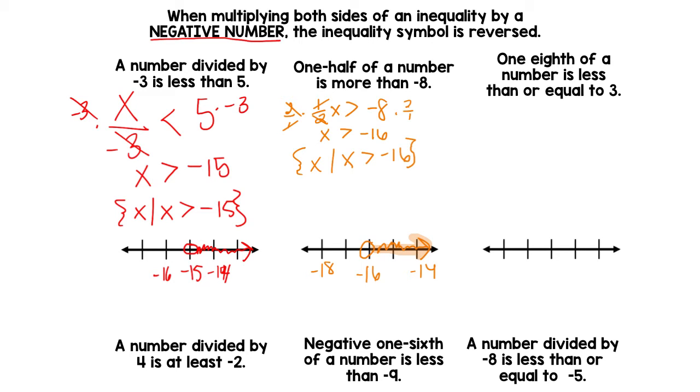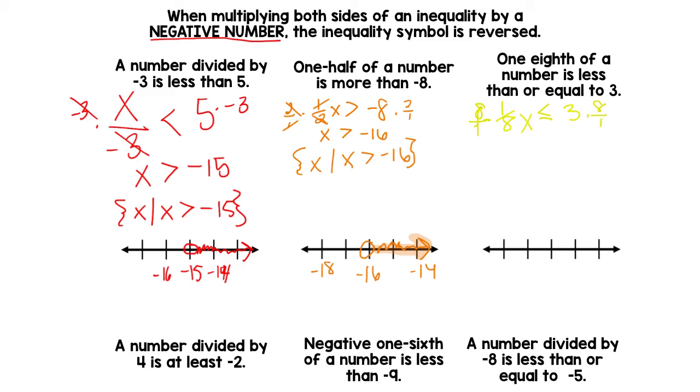Next, 1/8 of a number, so 1/8 times x is less than or equal to 3. So let me fix this. I did not do the inequality symbol very well, did I? Is less than or equal to 3. So opposite of dividing by or multiplying by a fraction is multiplying by the reciprocal.